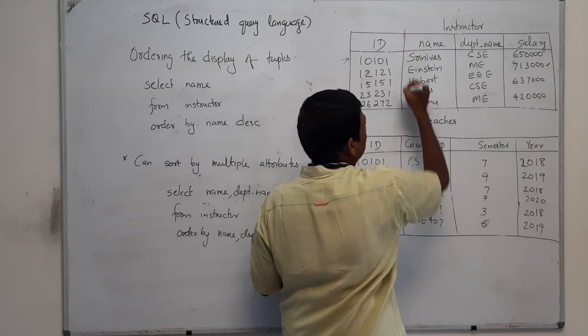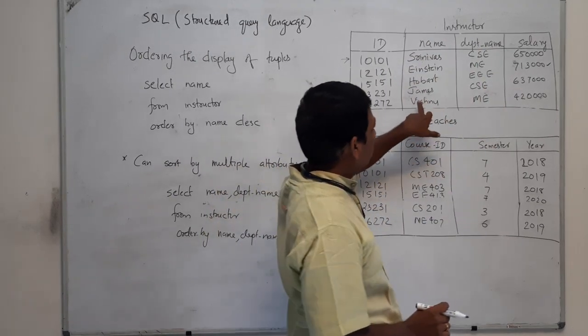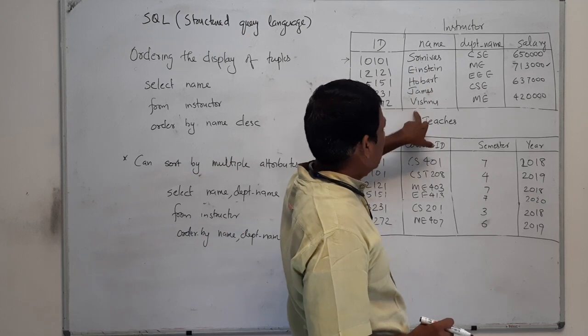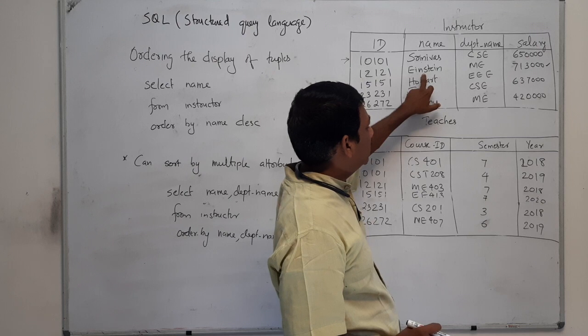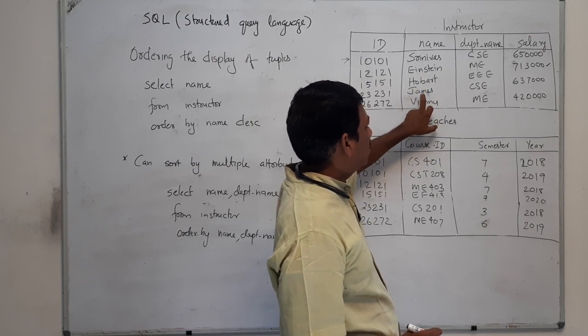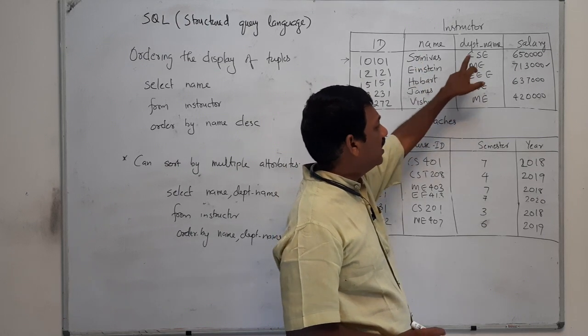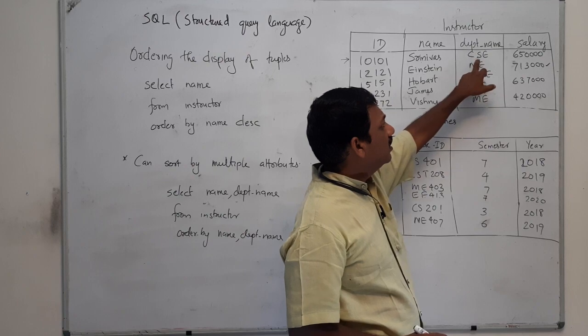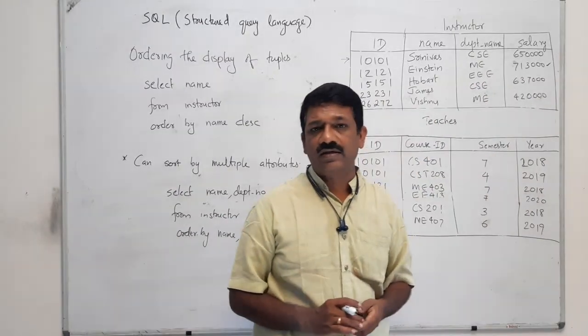This is the table you are going to display, and you sort it in ascending order. Einstein will be displayed, then Hobart, then James, then Srinivas and then Vishnu, and next by department name, the first department is CSE, then afterwards like that.